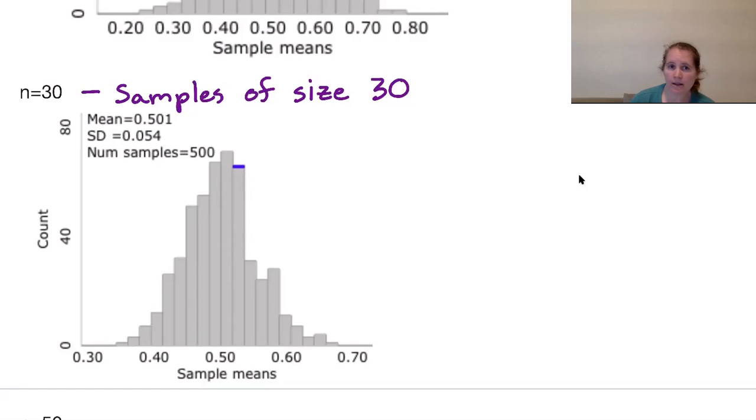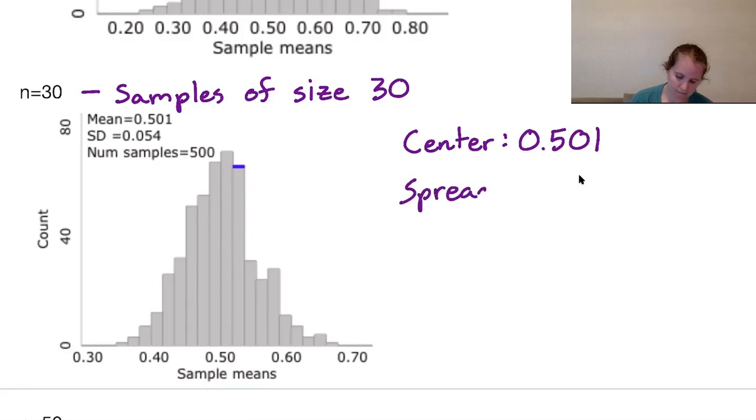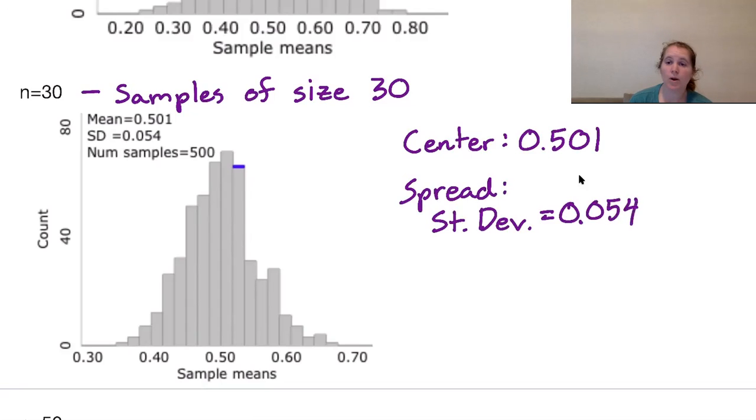It's centered at 0.501. The spread, we have a standard deviation of 0.054, so an even smaller standard deviation. And the shape, again, is close to normal.